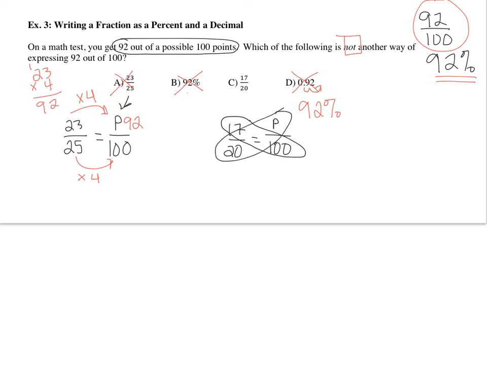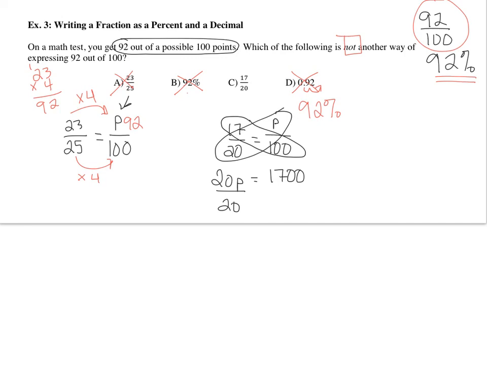On the first ratio we did mental math, and we could definitely do that here because 20 and 100 are compatible. But just for giggles, let's practice our cross products, or Billy Bob Joe the butterfly. 20 times P is equal to 1,700 because 17 times 100 is 1,700.